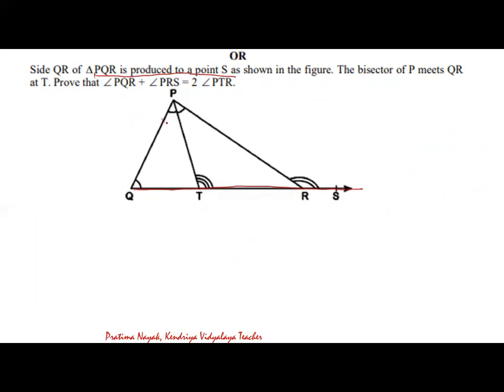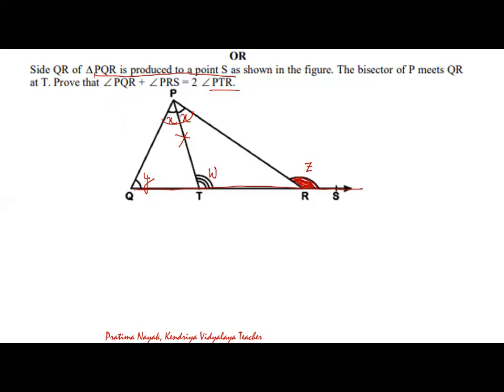The bisector of angle P, bisector means it makes equal angles, the bisector PT meeting QR at T. Prove that angle PQR plus angle PRS is equal to twice angle PTR. PRS is this angle, you can name it as ABC also. PTR, let us name it W.